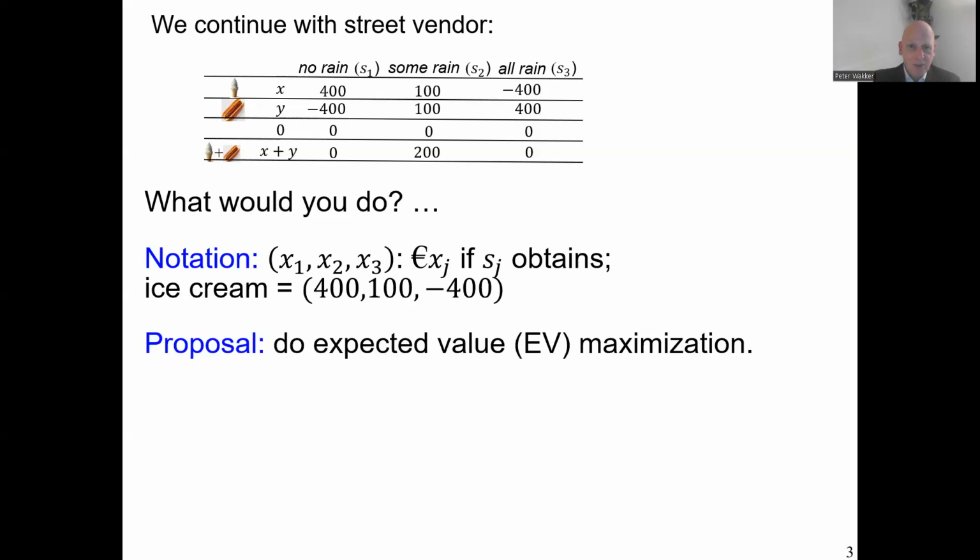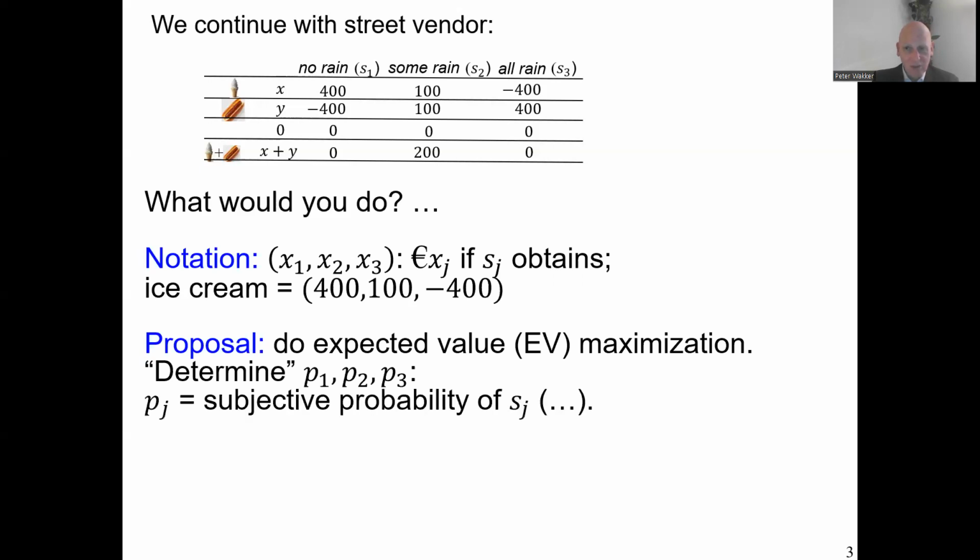Now I'm going to define expected value maximization. Formally, expected value maximization means that you choose determined probabilities of the events, where P1 is your subjective probability of event S1, P2 is for S2, and P3 for S3.